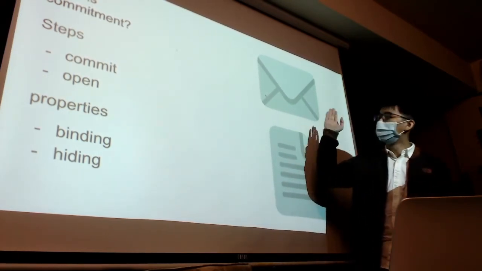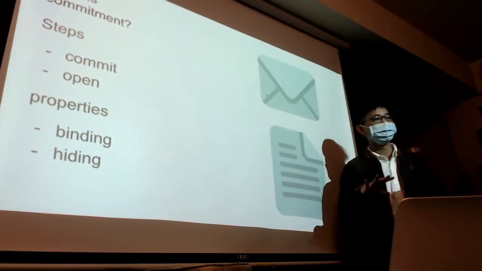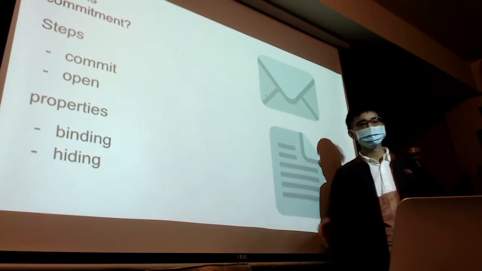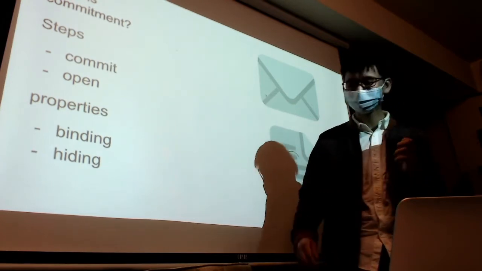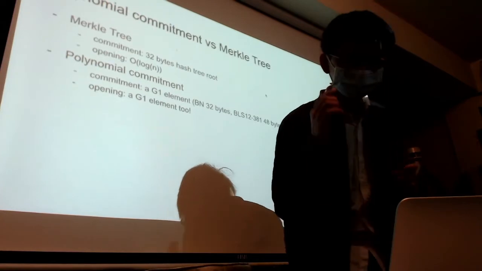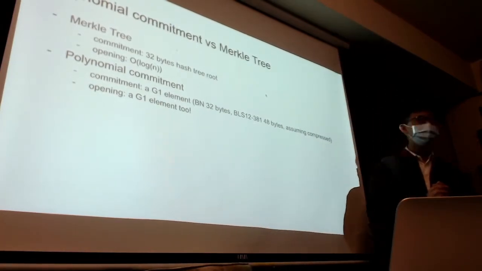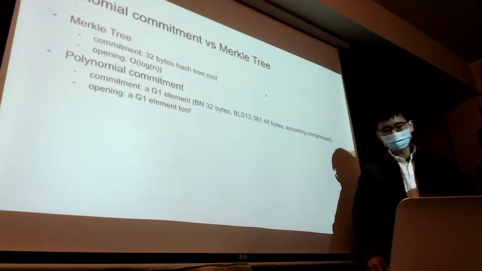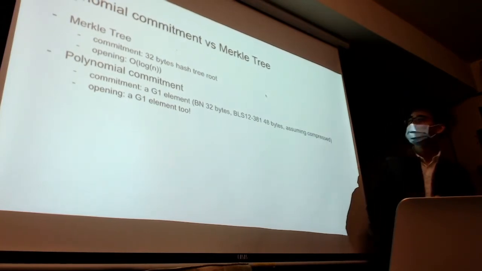The envelope hides your message, so nobody can see your message, so your message doesn't affect the stock market if it has the ability to. So, binding and hiding. To understand polynomial commitments, before we look into the hairy math details, we can compare to the Merkle tree.